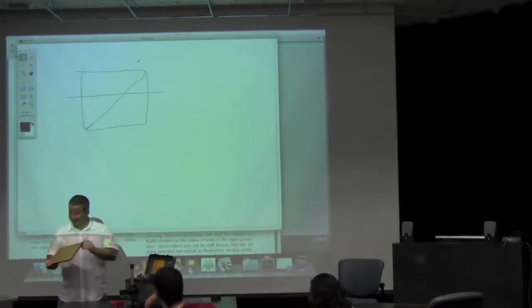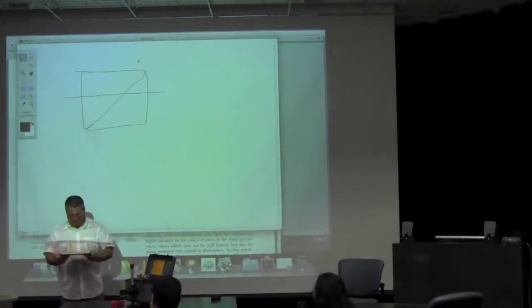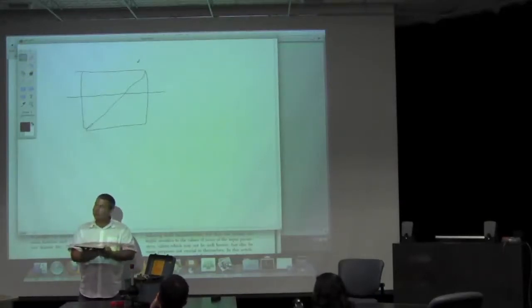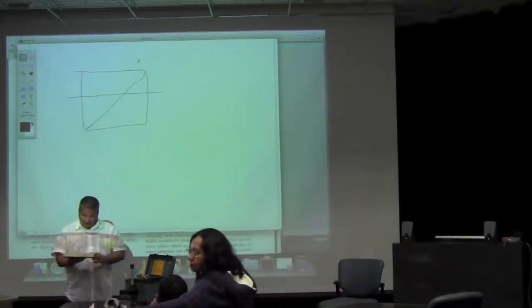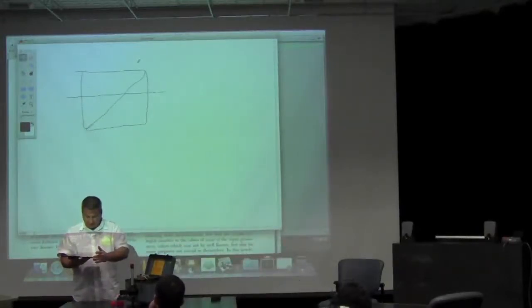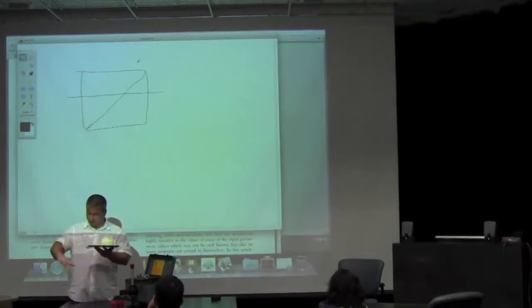Isn't that cool? The first one I ever had of this, I was at Aberdeen Proving Grounds down in Maryland, and I was measuring a bunch of T-72 tanks. They wanted to know the surface characteristics of those T-72 tanks.